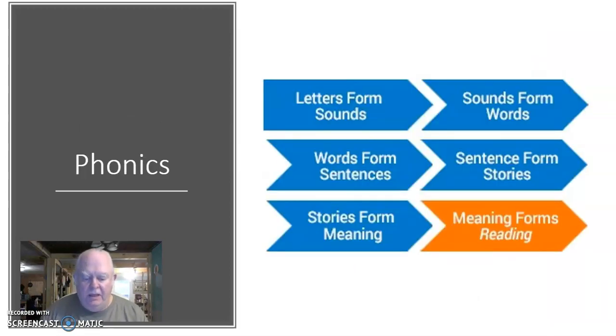Phonics. It's basically just sounding out words. You know, let's keep it simple. You sound out the letters. The letters form words. Words form sentences. Sentences form stories. You get meaning from that.